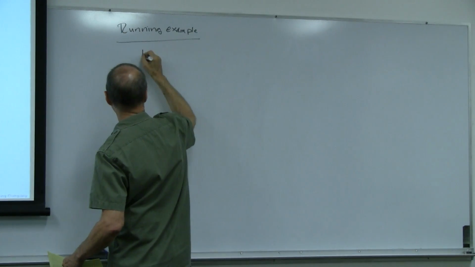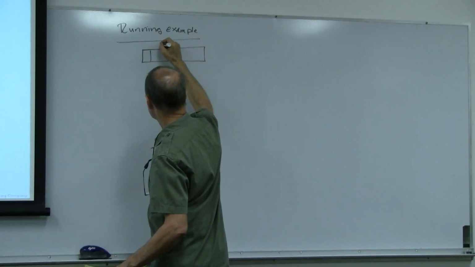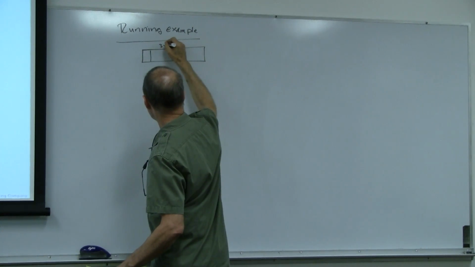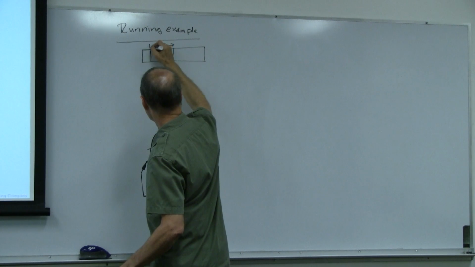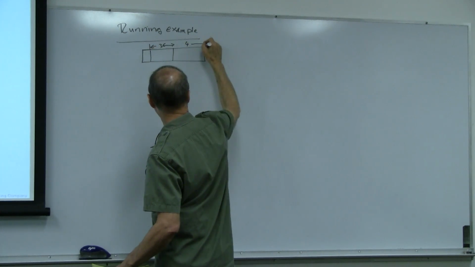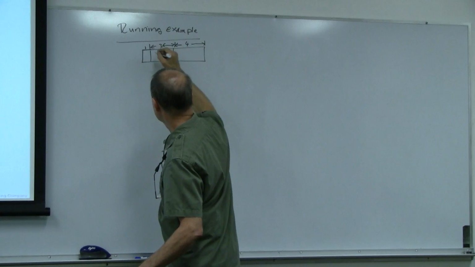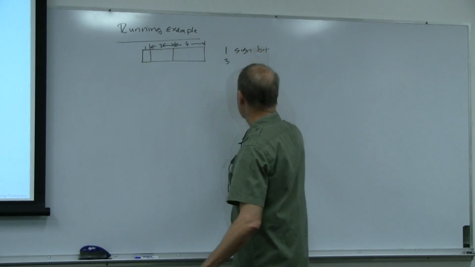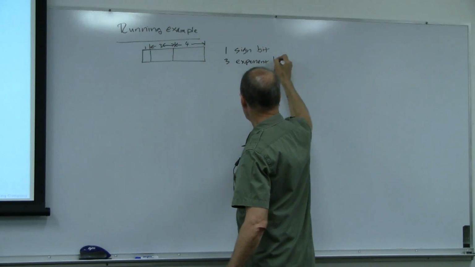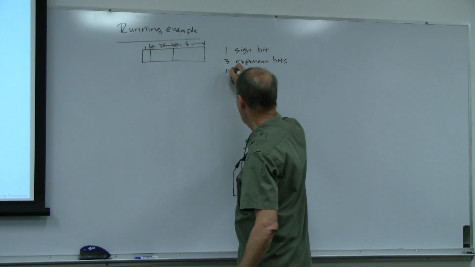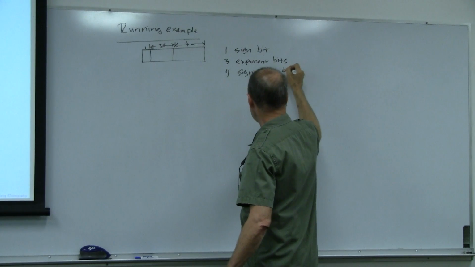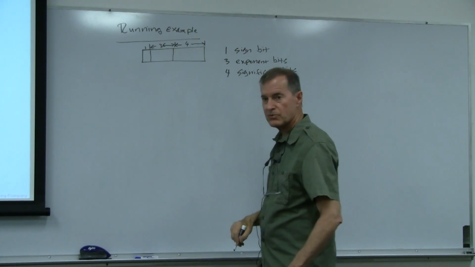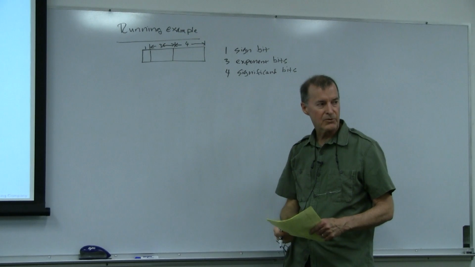We're going to have 3 bits for here and 4 bits and then 1 bit here. So it's going to be 1 sign bit, 3 exponent bits, and 4 significand bits. All right, so that's what we'll do a bunch of examples with.